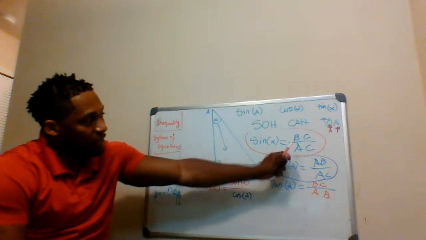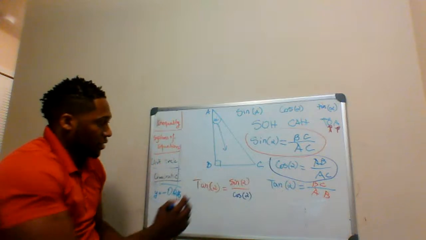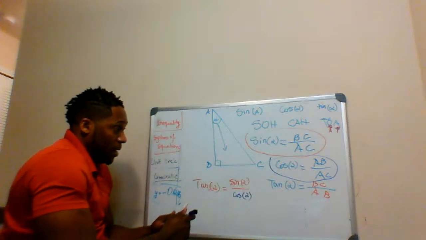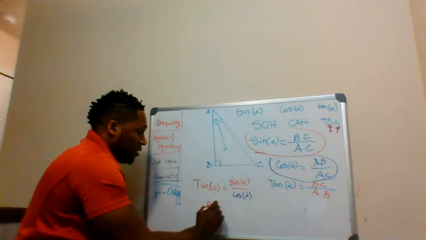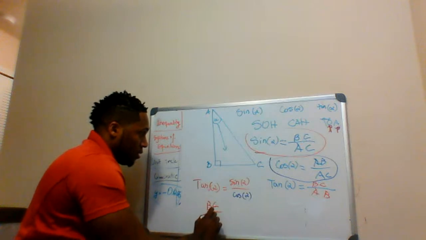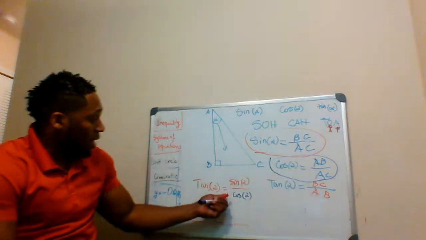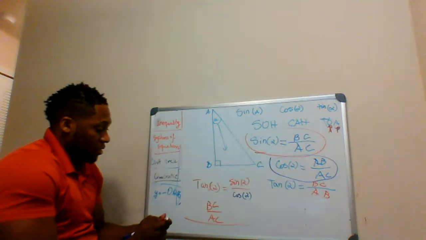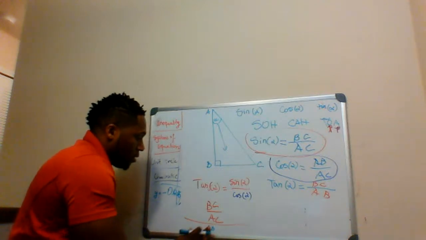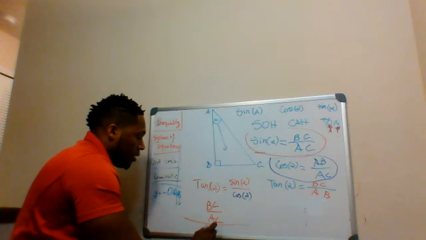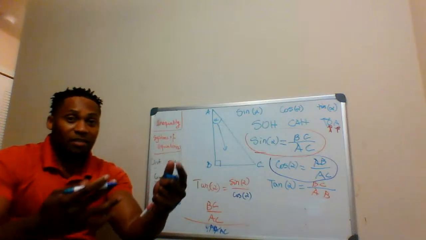Okay, so I have BC over AC divided by AB over AC. So what do I get? The top one in red, that's the sine. So it's BC divided by AC. And then this whole thing, I'm dividing by cosine of alpha, which is AB divided by AC. Now, what do I do when I have a fraction divided by another fraction?